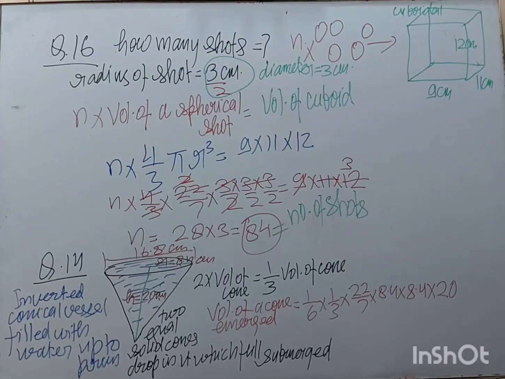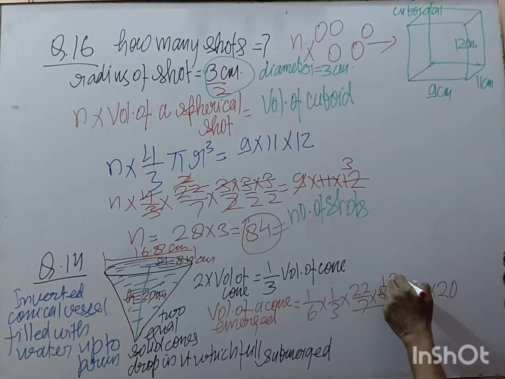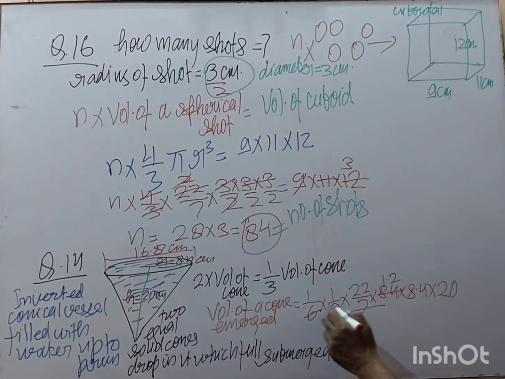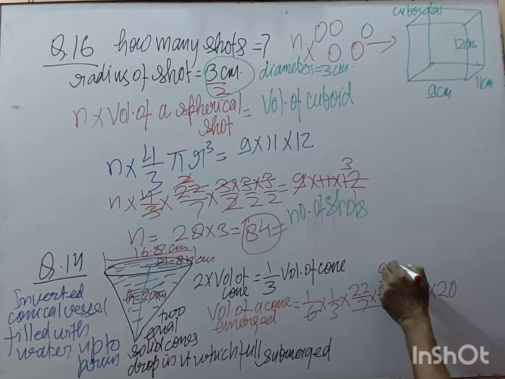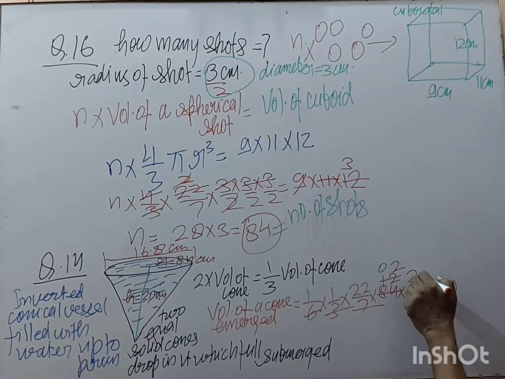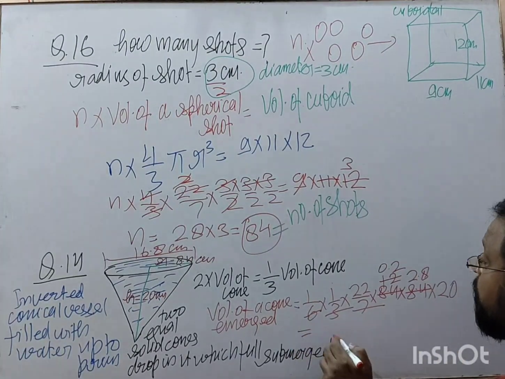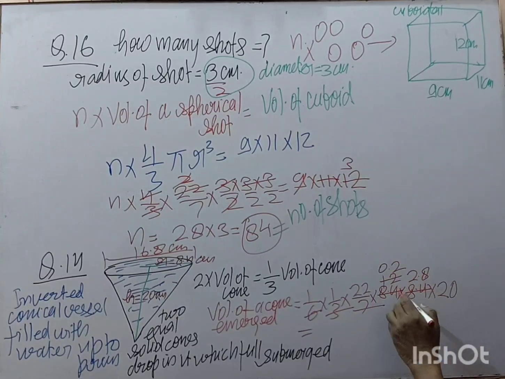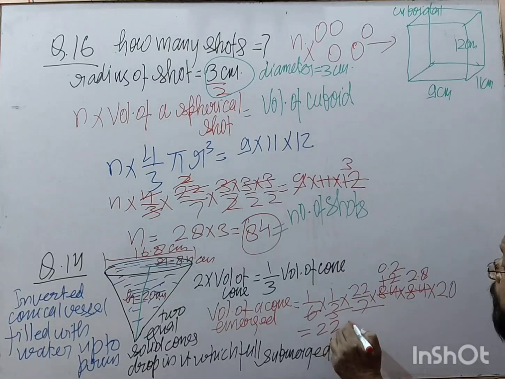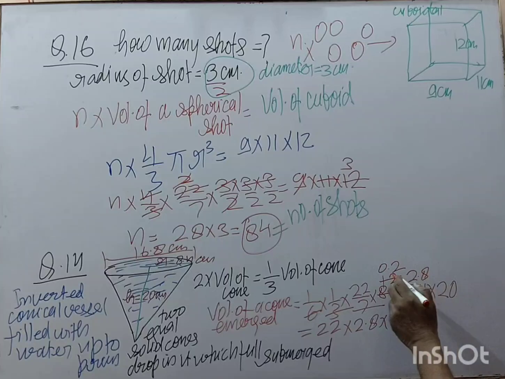It is how much? 1.2, this is 0.2, this is 2.8. This is 22 into 2.8 into, this is how much?